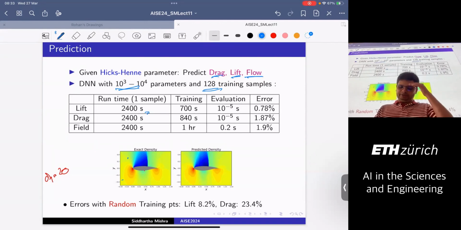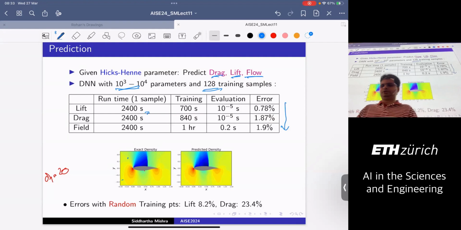And then you can see that for the lift and the drag, we could get very, very good results, 1 to 2%. Even for the whole flow field, we could get to 1 to 2% results, right? The training: you generate the 128 samples. This is some additional cost, we don't count that. But once you start training, it's faster now because the machines are much faster.